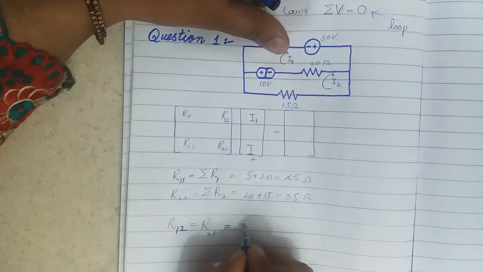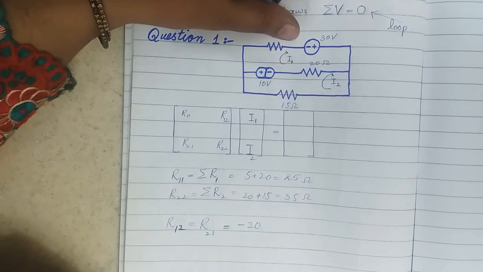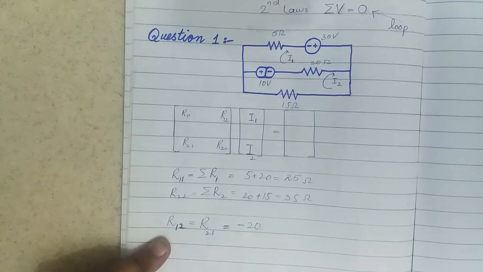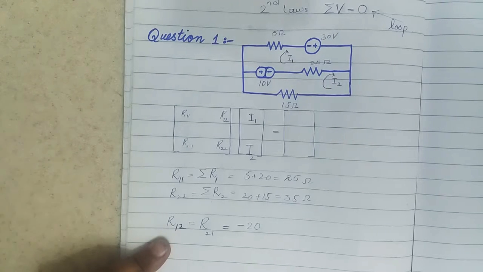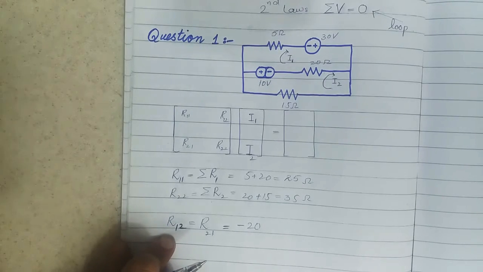So we will take it as minus 20, negative 20. If it is a 3 by 3 matrix, then R12, R13 or R23 will have a negative sign. That should be the rule.